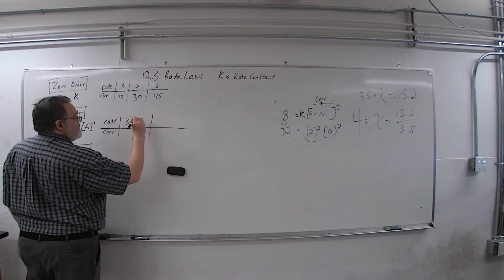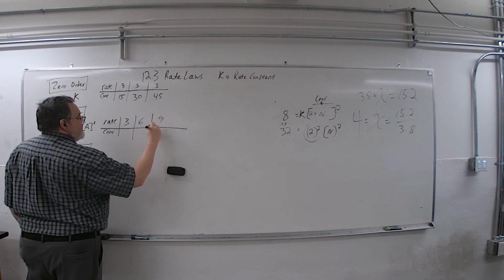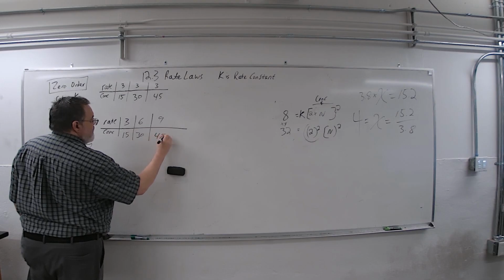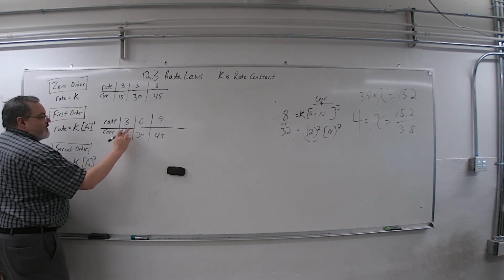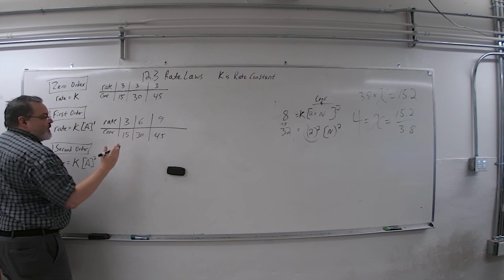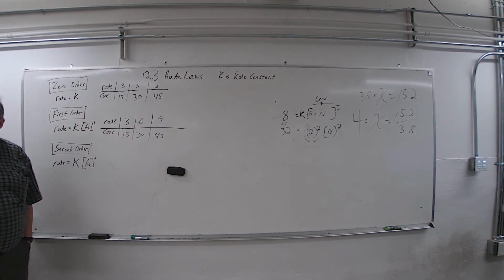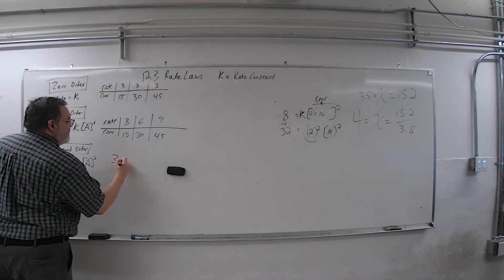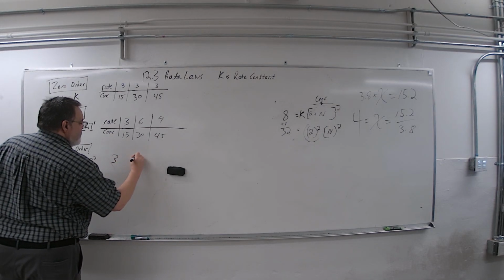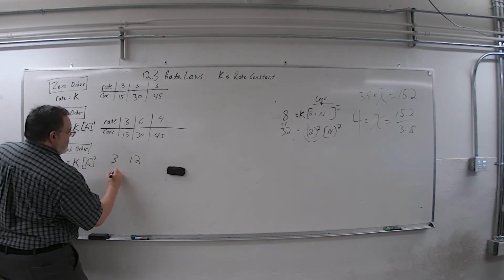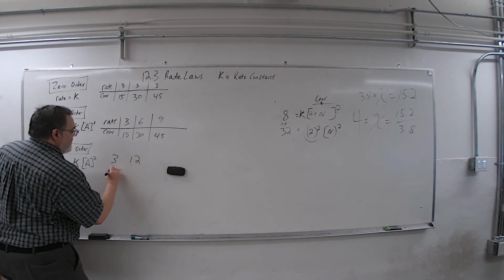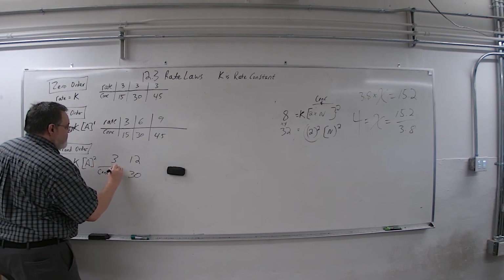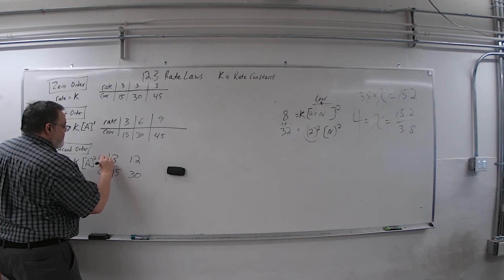That times 2 is 6. That times 3 is 9. No, I did that right. Fifteen times 2 is 30. 3 times 2 is 6. So both of them went up by a factor of 2. I did that right. And then the last one is, do this by concentration, rate.